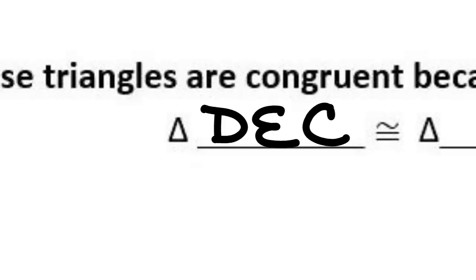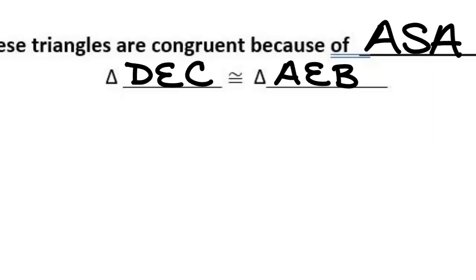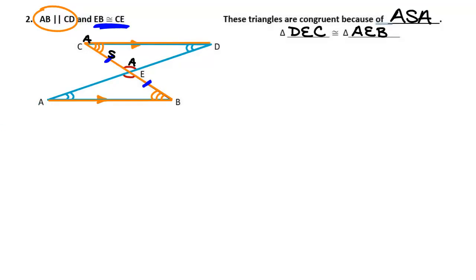Because we have all the information about my angles, I can make sure to match up my congruent angles. Angle D is congruent to which one on the other triangle? A. Angle E is congruent to E. And angle C is congruent to B. So angle DEC is congruent to angle AEB.